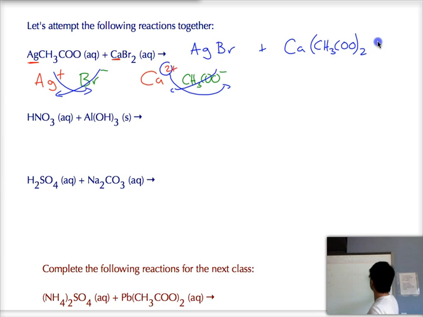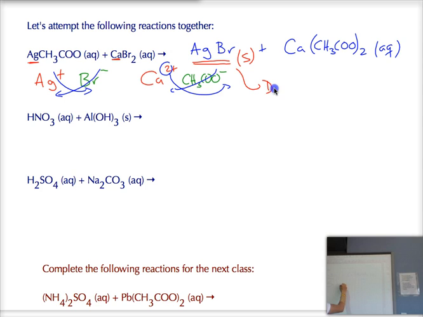So we're going to say that this is aq. Now, the third rule says that most bromides are soluble, except those of silver. This happens to be the bromide of silver. So we're going to notice that this is going to be insoluble, and this is going to be our driving force.